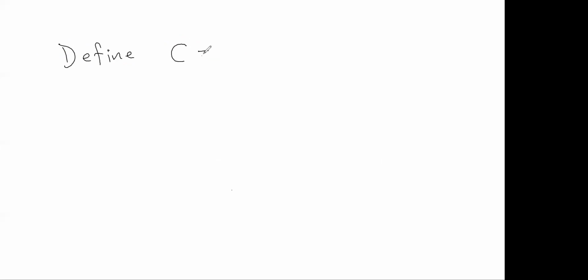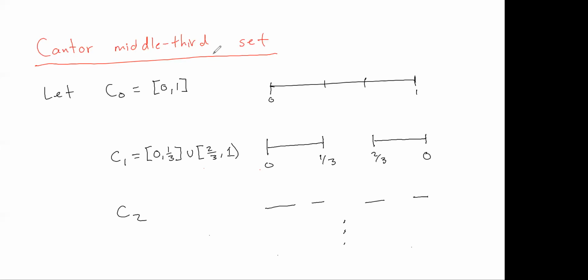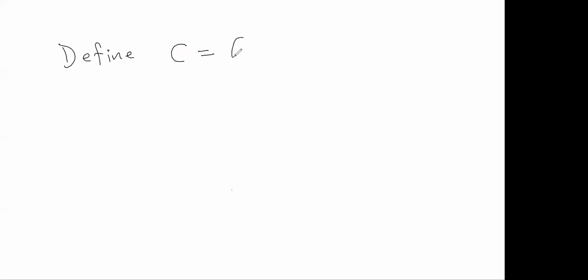So the Cantor set is basically, if I repeat this process ad infinitum, whatever points are left that are never removed, those are going to be my set. That's going to be the intersection of all of these sets.